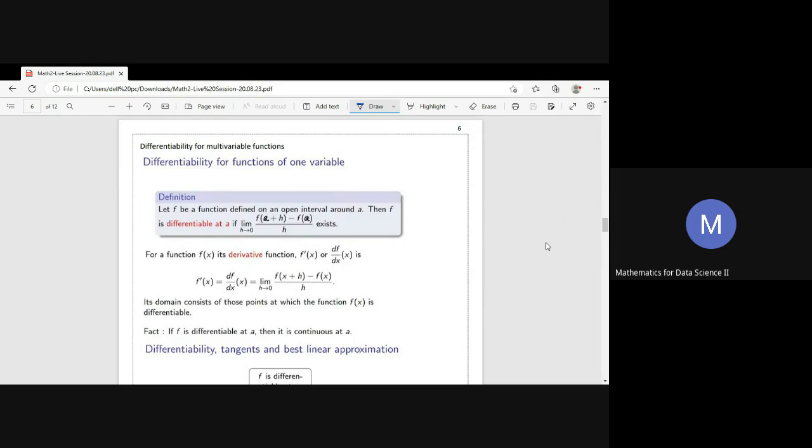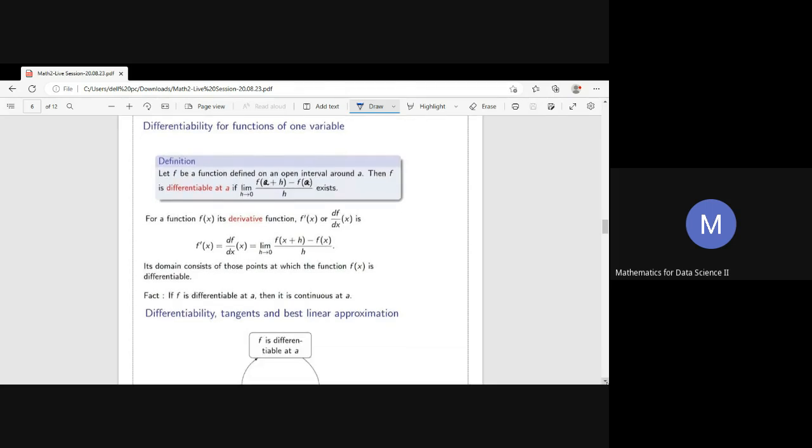So in the case of one variable, we say that a function is differentiable at a point a if the limit h goes to 0, f of a plus h minus f of a by h exists. And the derivative function is given by this limit h goes to 0, f of x plus h minus f of x by h. Here the domain of this function is all the points where this function is differentiable. You know that differentiability implies continuity at a point.